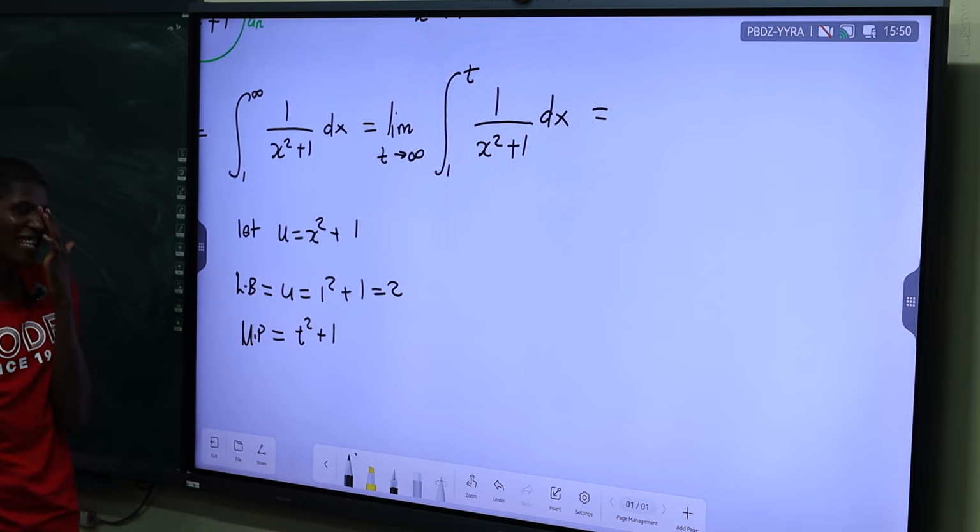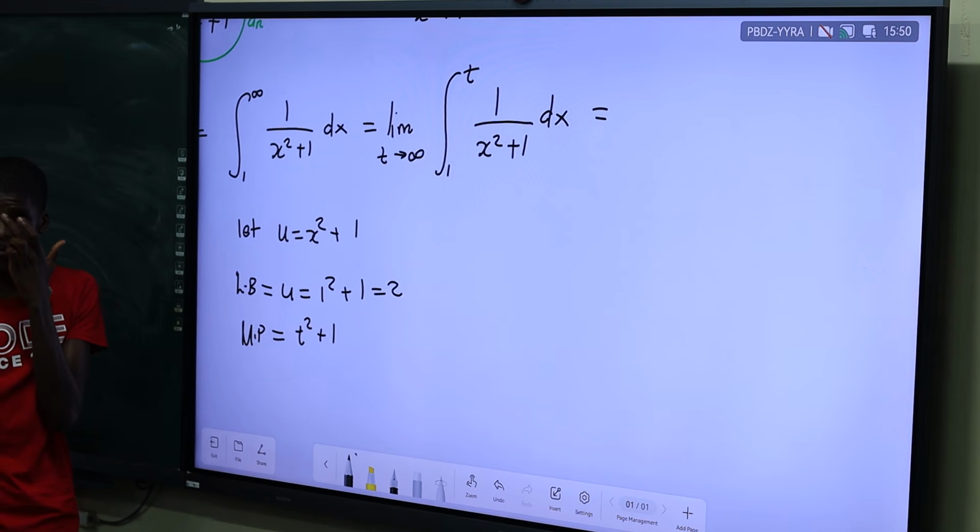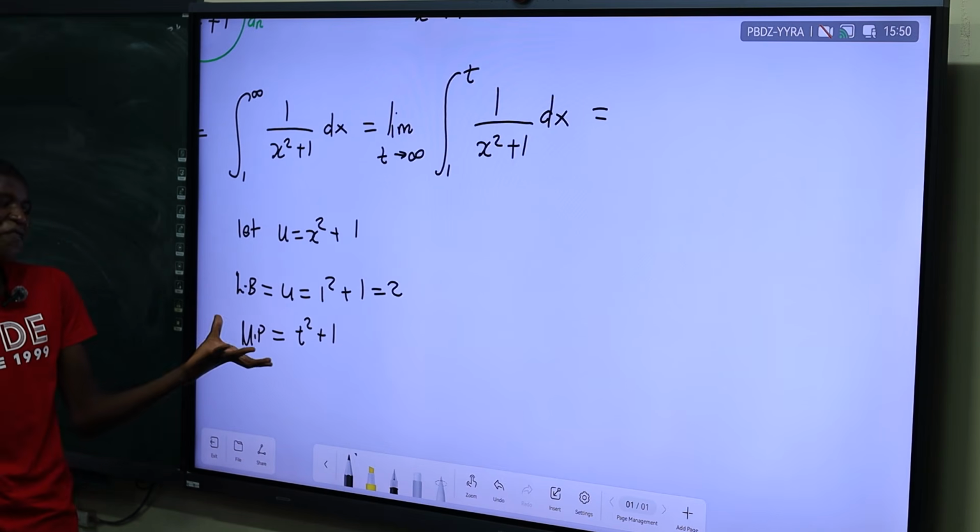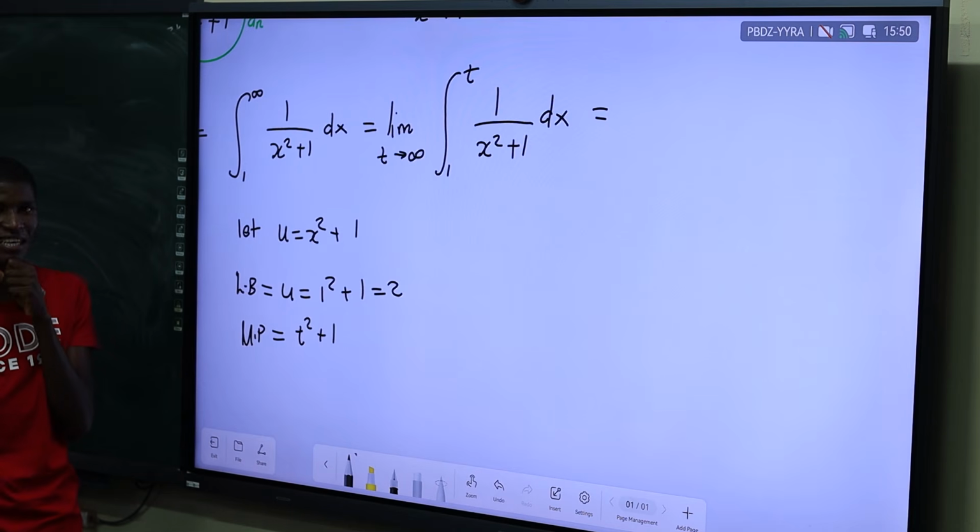I thought this one was going to be an easy one. These other things are identities. If you take this route, I wonder where it will get you.